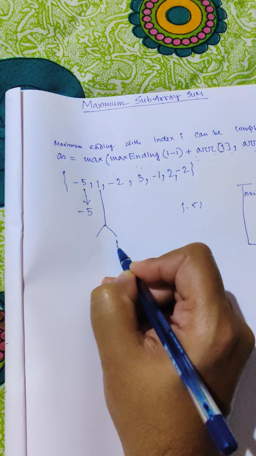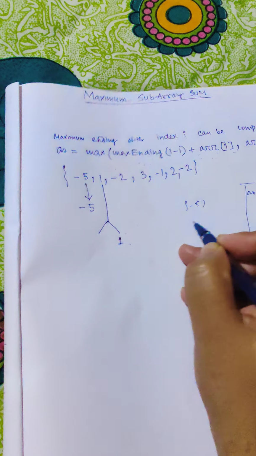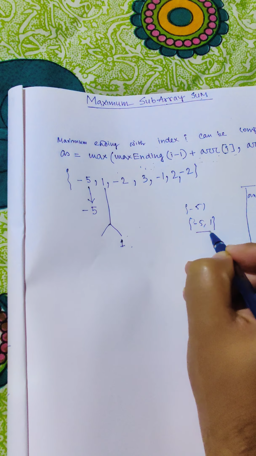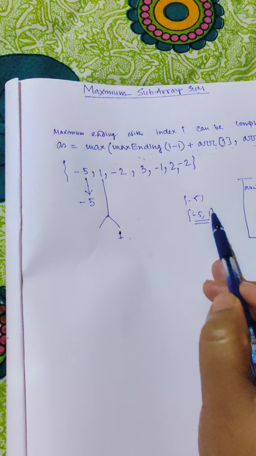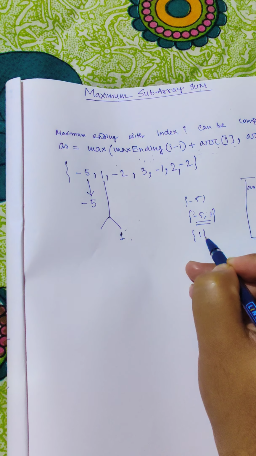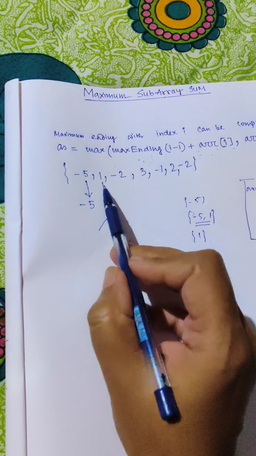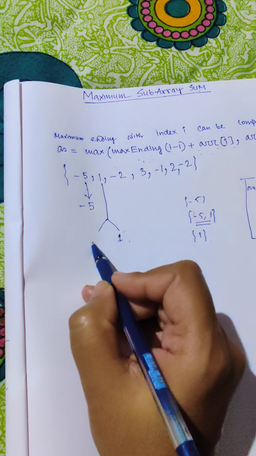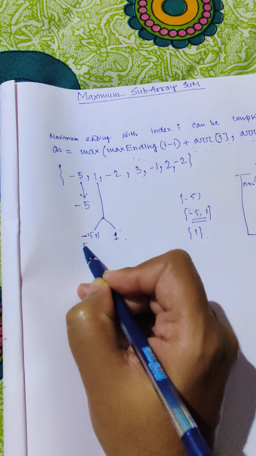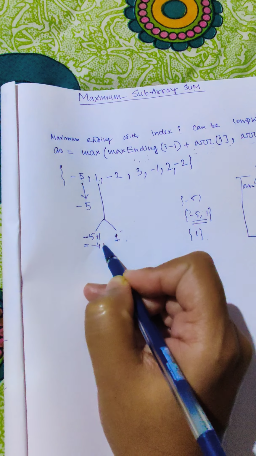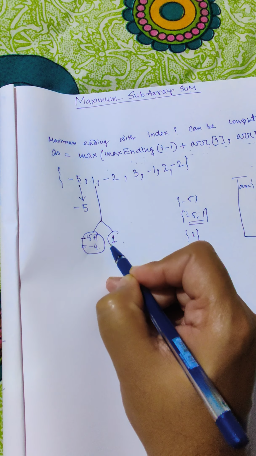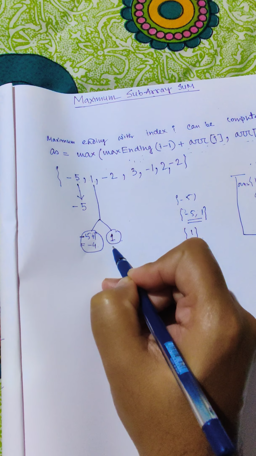Either we can put 1, or if you see -5 1, the summation, I mean this is the subarray, it is -4. So we have two choices. Either we can go with -4 or we can go with 1.